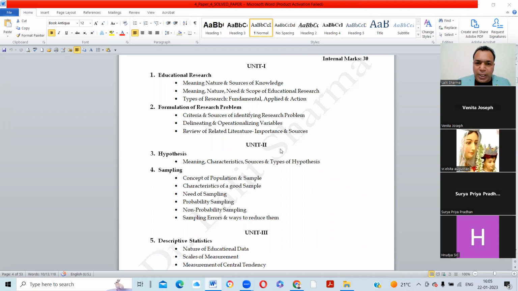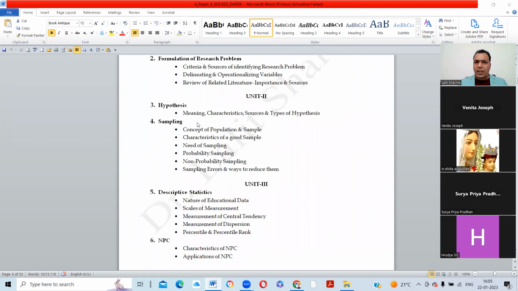Second, Unit 2 is hypothesis. You know that we have done the hypothesis. I have taken your class about the hypothesis. We have discussed what a hypothesis is, the nature and characteristics of a hypothesis, and the different types of a hypothesis. So we have discussed all of that.